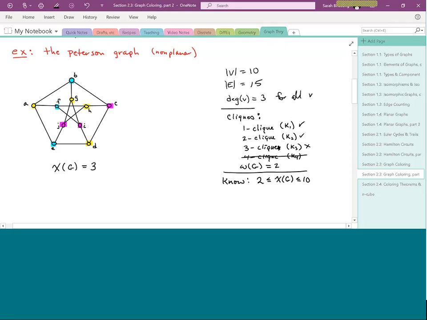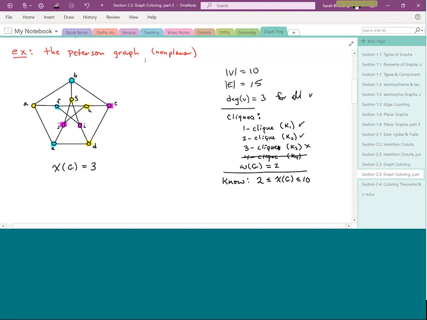Cool. I was able to do it with only 3 different colors. And especially if you're dealing with something you have to pay money for, having the smallest chromatic number, if that corresponds to something that you would have to purchase, is something that people look at. And I realize I was super vague with all of that, mainly because we haven't gotten into any of those examples yet. All right, so that would be the Petersen graph.